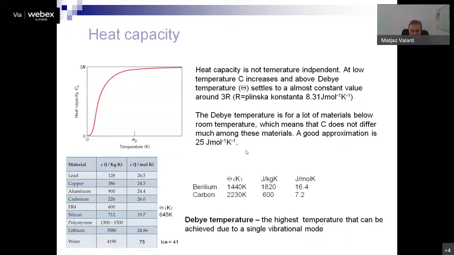Some of them have the Debye temperature at a higher value, so their heat capacity at room temperature would be somewhat lower. Like we have here silicon, as I show it here. The Debye temperature is, as you see, over 600 kelvins, and the heat capacity falls below 20 joule per mole per Kelvin.